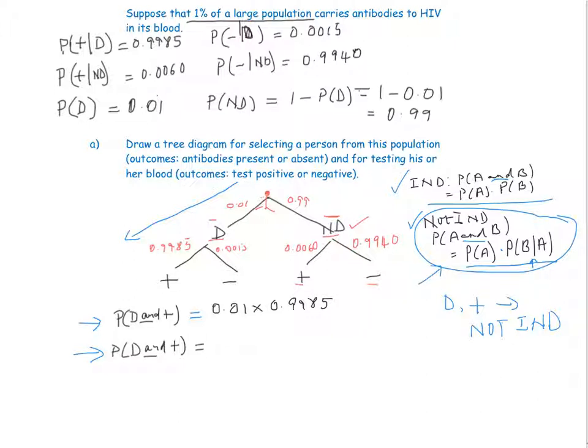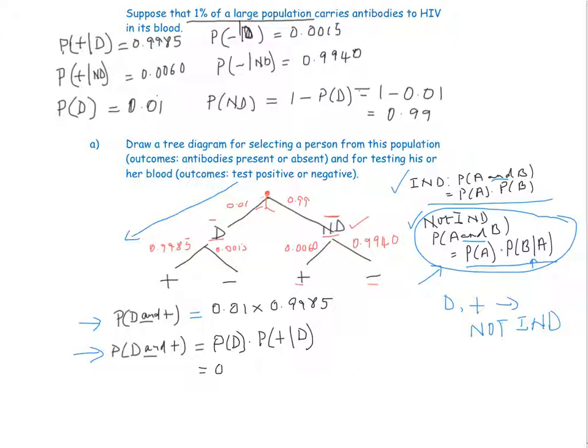So the rule we're going to use is probability of D and positive is probability of the first event, which is probability of D, times the probability that the randomly chosen person shows positive, knowing that the person has the disease. So the multiplication rule gives us exactly the same result as expected.